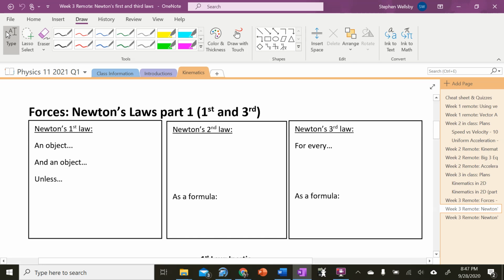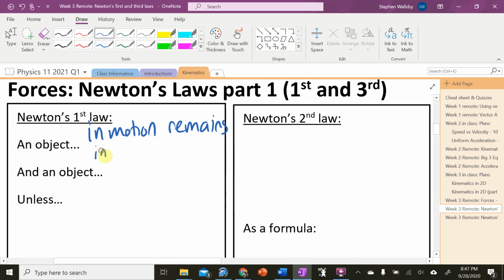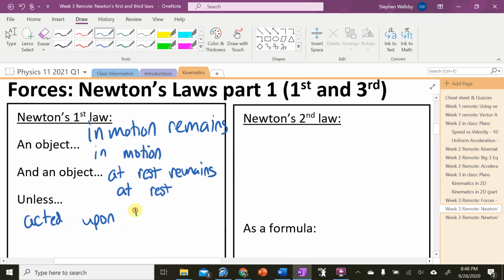The first law, just to give it to you briefly, is as follows. An object in motion remains in motion, and an object at rest remains at rest, unless acted upon by an outside force.